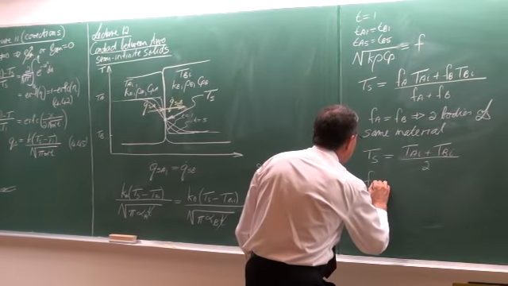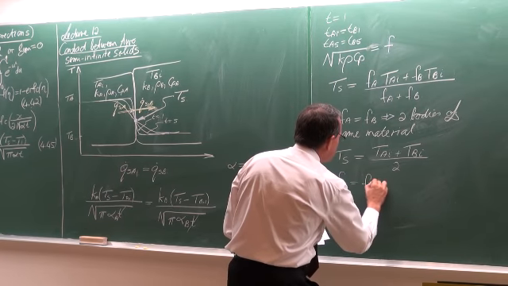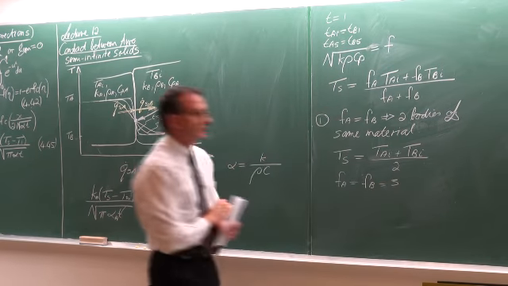Let's just check it. Let's suppose Fa is equal to Fb is equal to 3.